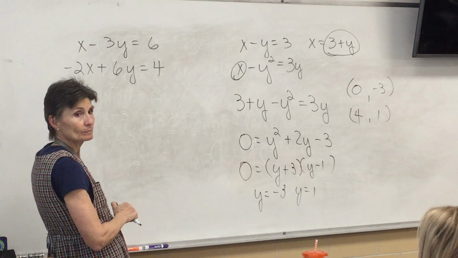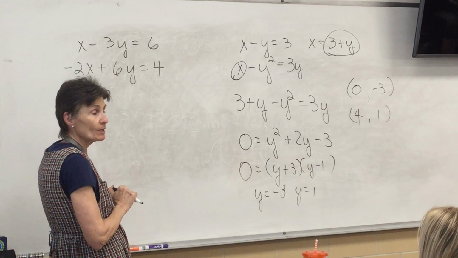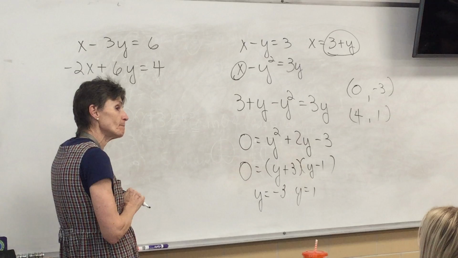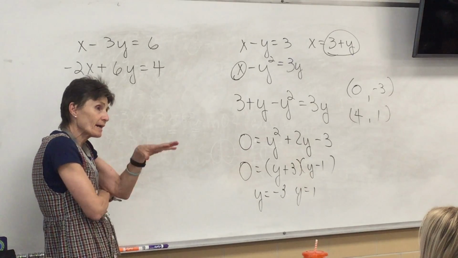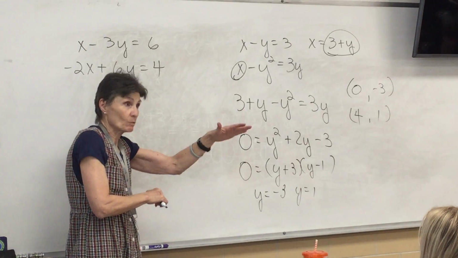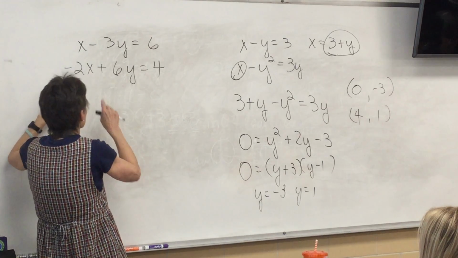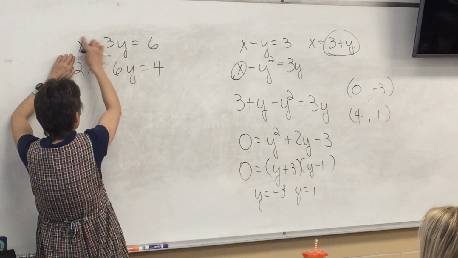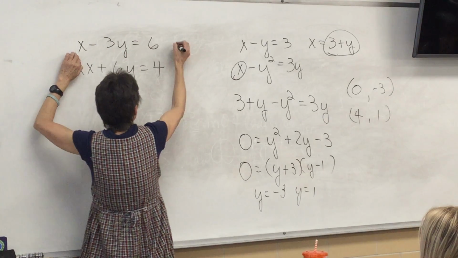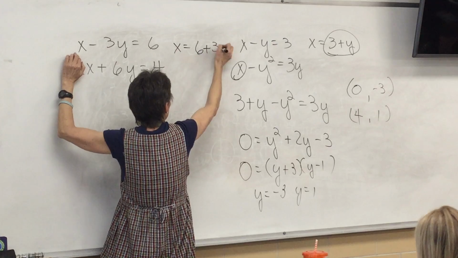You could move the 3y over. Very good. Remember, if you're substituting, you want to get x equals or y equals. You can substitute either way, and it never makes any difference. But this one's easy because x is already by itself. So if I add 3y, I'm going to get 6 plus 3y.